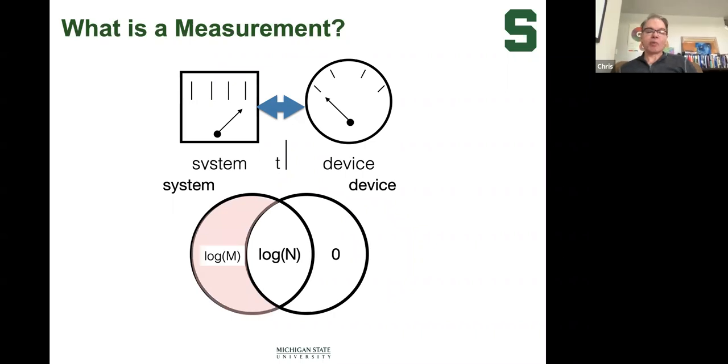The system might have more states that you do not resolve, in which case the Venn diagram has this little piece on the left. But it's important that your measurement device has no entropy given the system. That means the device is noiseless and fully determined once the system is given. That's what this information theory diagram is supposed to tell you.